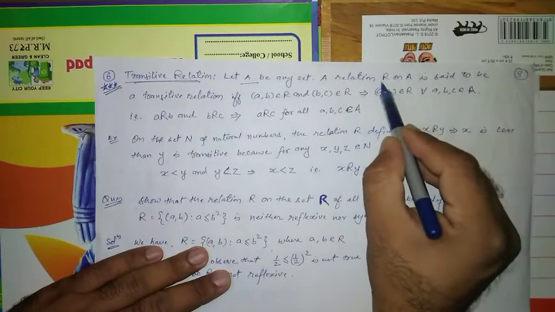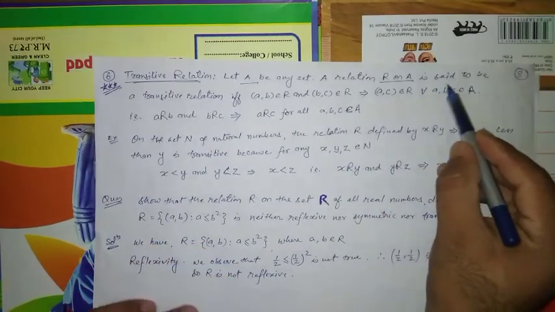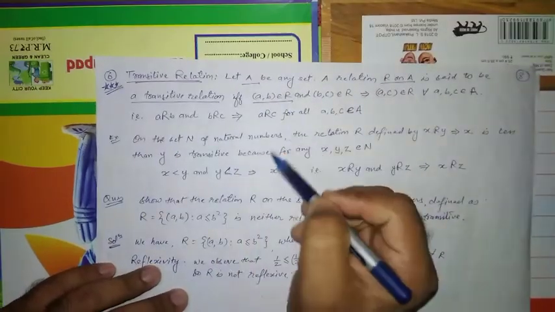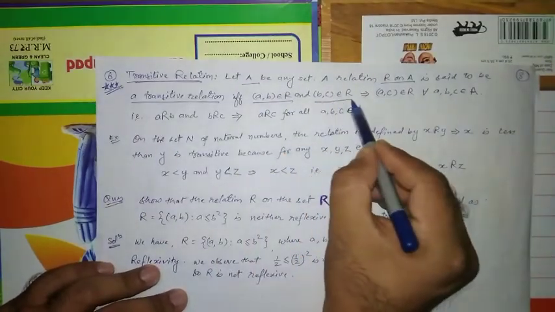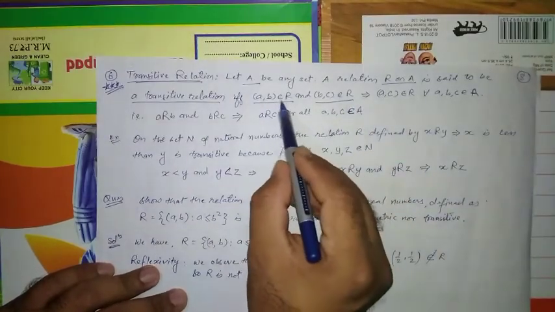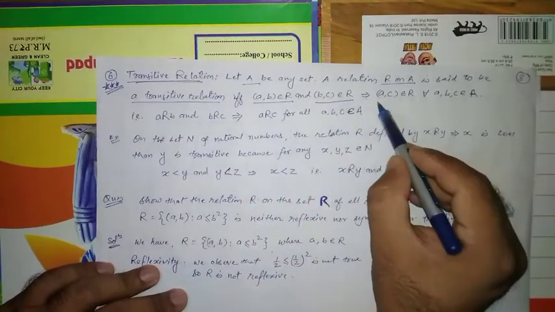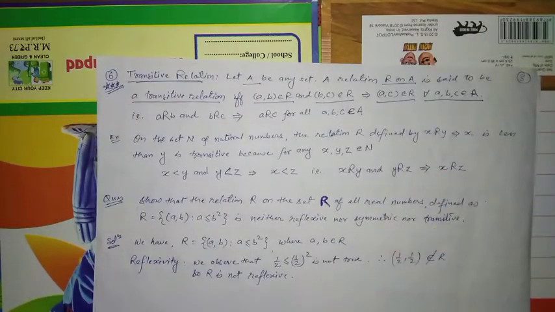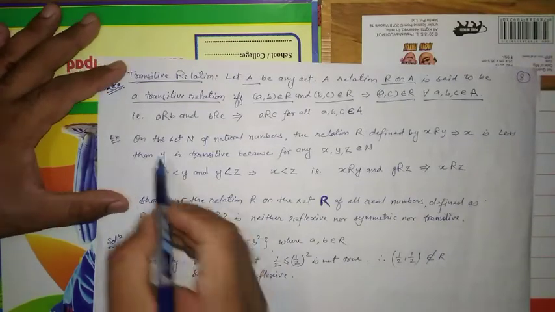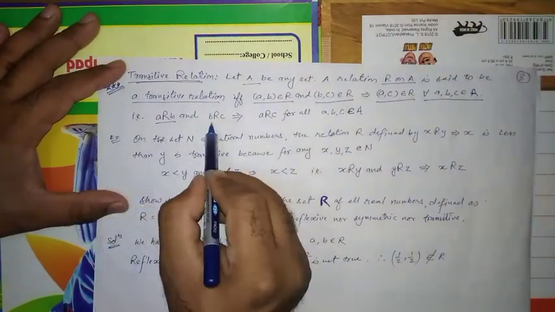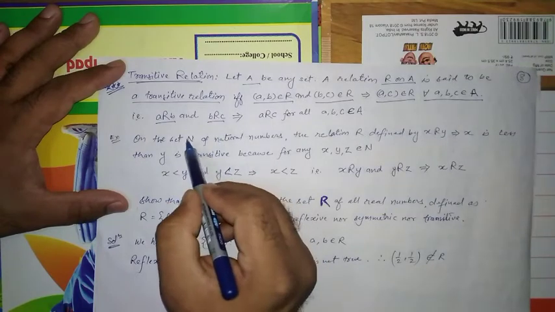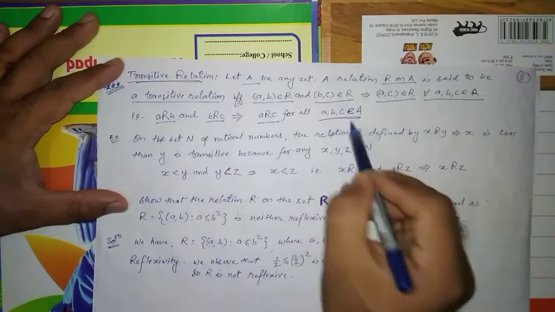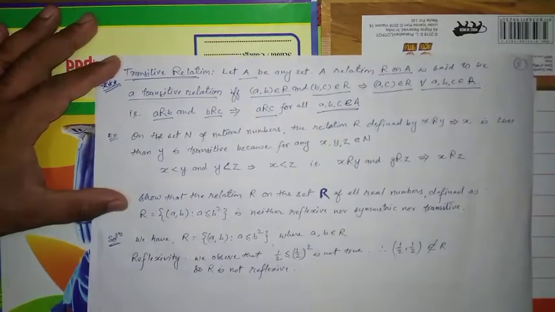A relation R on A is said to be a transitive relation if (a, b) belongs to R and (b, c) belongs to R, if both belong to R, that implies (a, c) belongs to R for all a, b, c belongs to A. Or we can say A is related to B and B is related to C. Therefore we can conclude that A is related to C for all values a, b, c that belong to A.